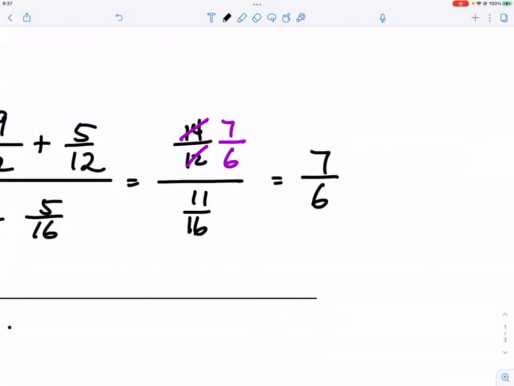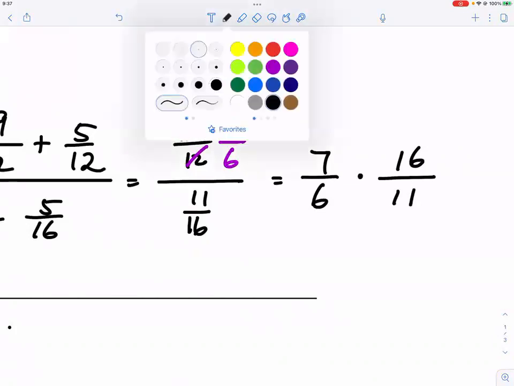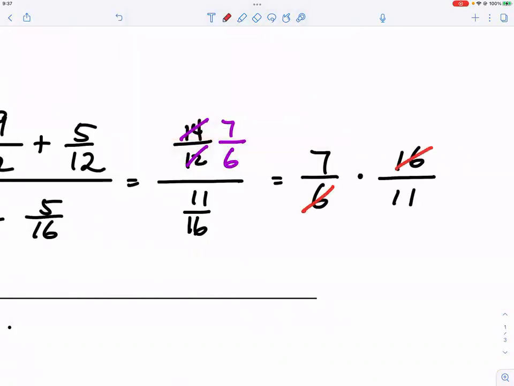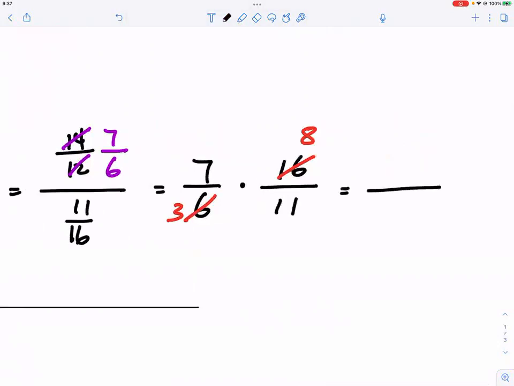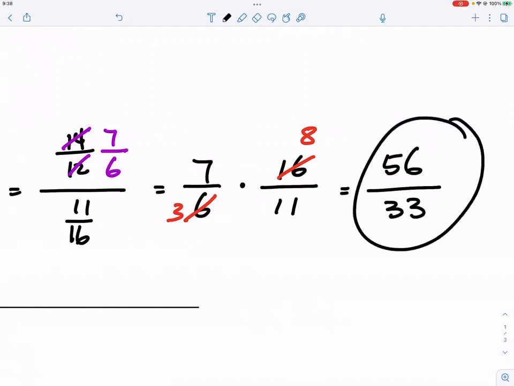And what you learned back in elementary school is that when you divide by a fraction, you are multiplying by the reciprocal. That's why, if you are not comfortable with complex fractions, you need to be comfortable with complex fractions. Again, you simplify before you multiply. So you have 56 over 33.